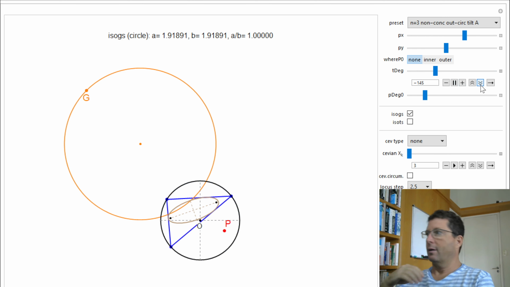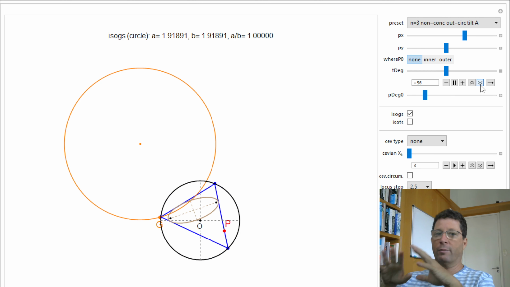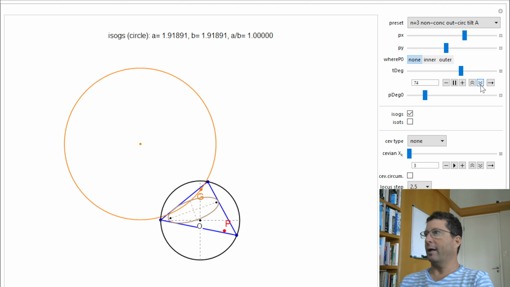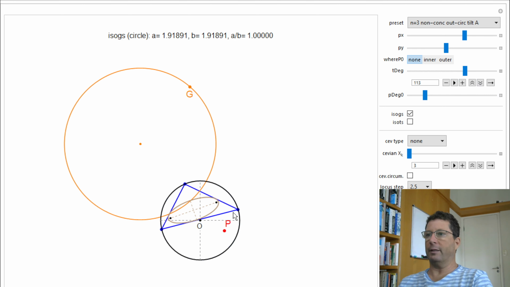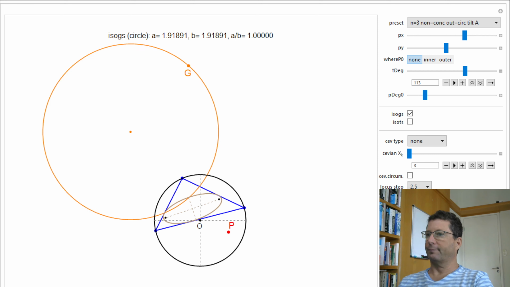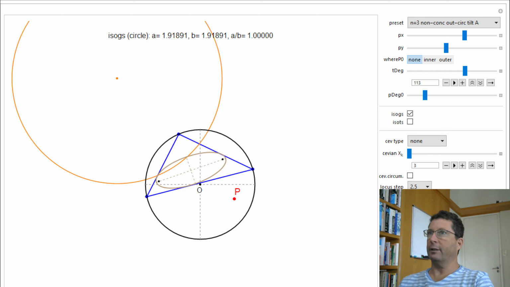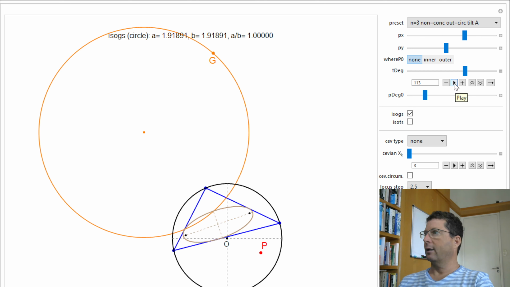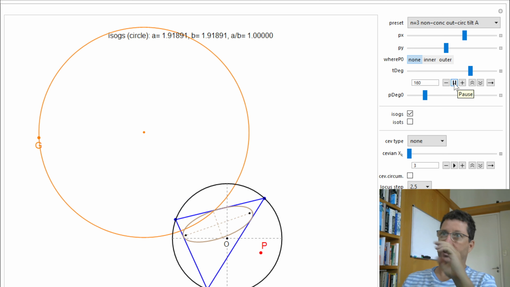You have an arbitrary circle-inscribed Poncelet family, a fixed point P, and for every member of the Poncelet family, this is a blue triangle, I'm computing the isogonal of P with respect to the blue triangle, and it falls over here. Amazingly, over the Poncelet family, the locus of what I'm showing here as G, which just represents isogonal of P, amazingly, this locus is a circle.